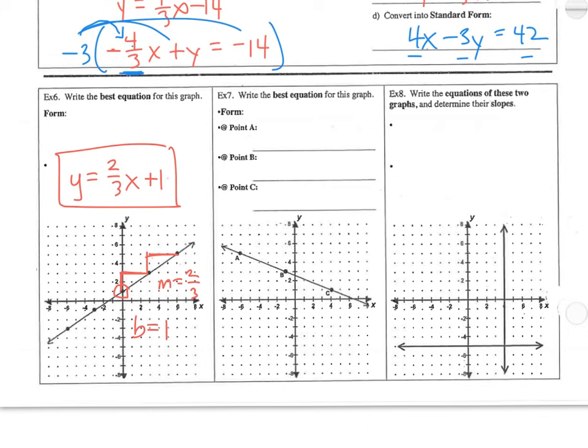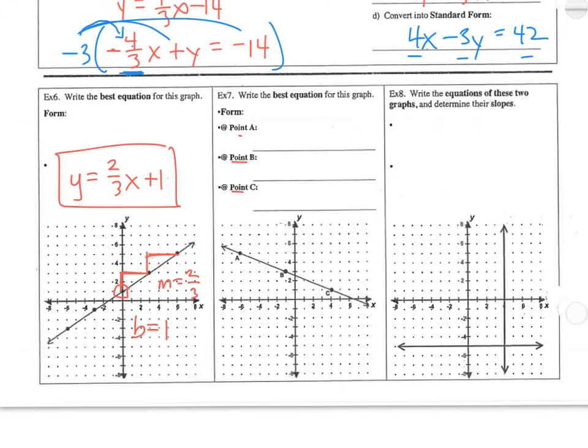But notice, when we get to example 7, I don't know exactly what the y-intercept is. And since I don't know exactly what the y-intercept is, I am not going to use slope-intercept form now. Next, I am going to look to see if I can use point-slope form. Well, it's basically saying I have 3 separate points and I can write 3 separate equations.